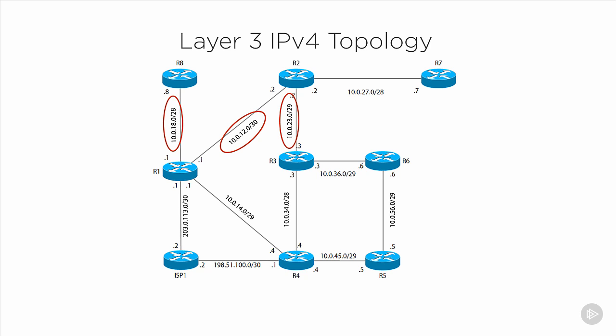And if you look at the rest of the subnets on the topology diagram, you'll notice that every one is /28, /29, or /30. So if we just convert these 3, we'll have the dotted decimal notation for the entire network. So let's start with 10.0.18.0/28. Again, we're only concerned with the net mask portion, not the IP network.